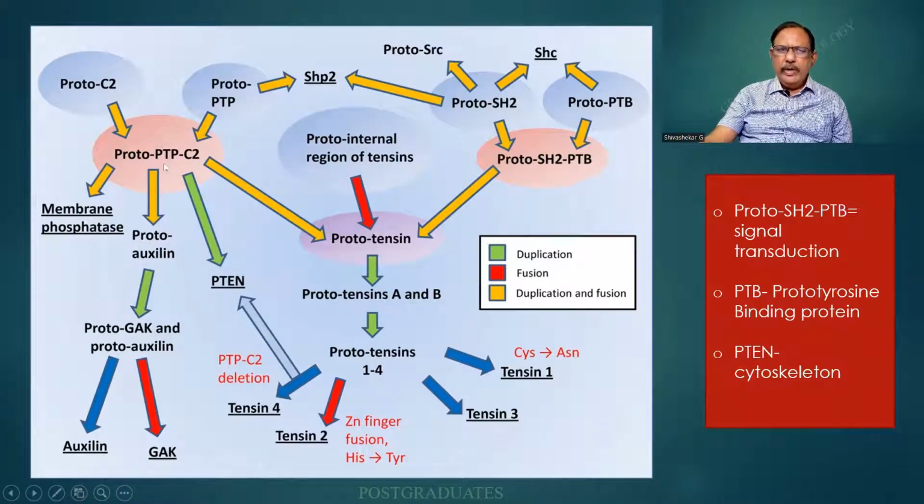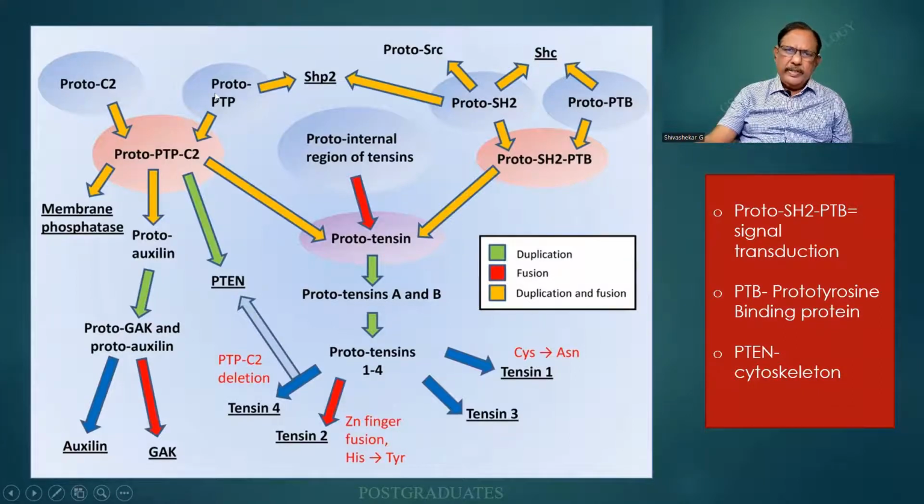So this we have already seen, the C2 and SH2. This is how it is getting activated. All the other things you need not remember. So there is a protensin, then the protensin is getting converted into the various forms of tensins. The other things are various functions, which can be duplication, fusion, etc.